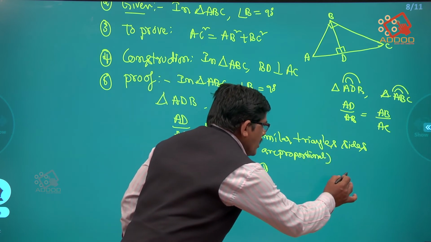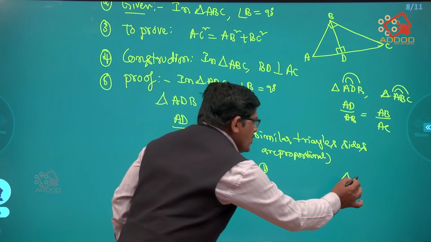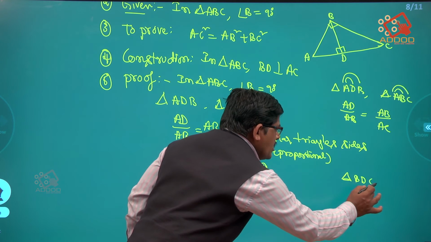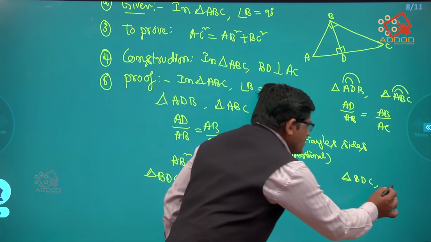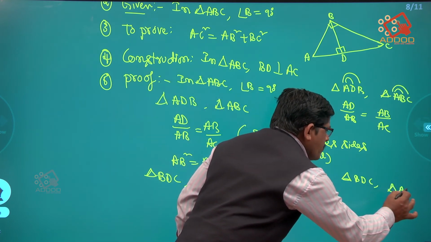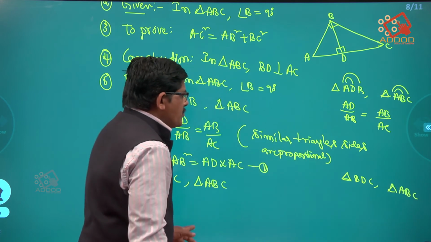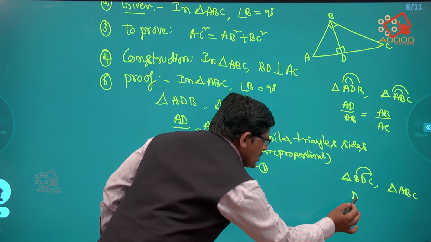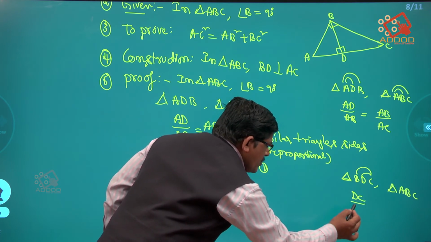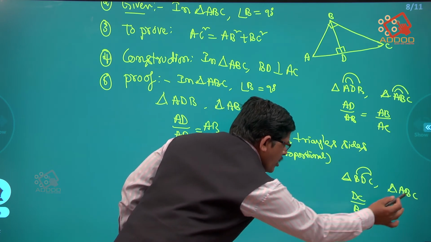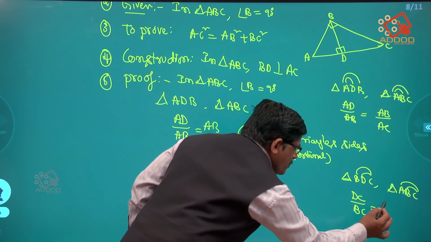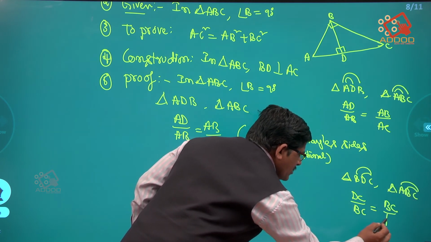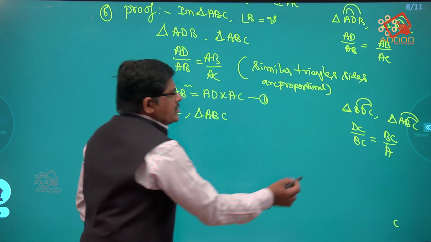Go to triangle BDC and triangle ABC. Here the observation is DC by CB, here CB means BC, is equal to BC by AC. The same condition is applied here.